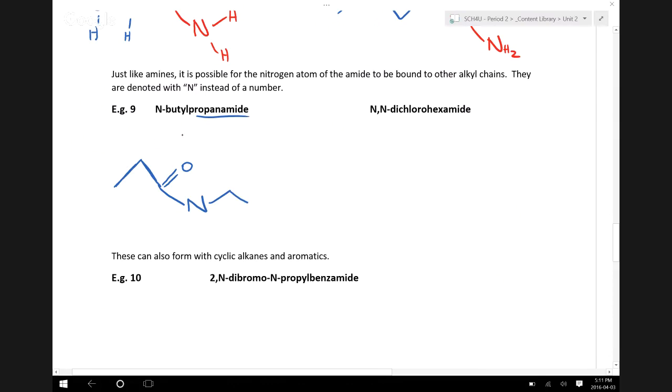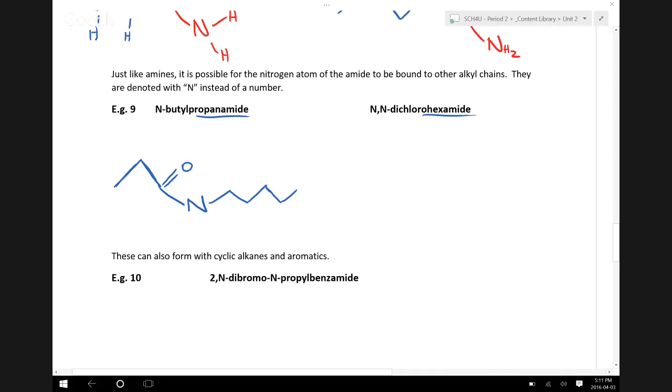So 1, 2, 3, 4, 5, just like that. All right, and that would be N-butyl propanamide, meaning that the butyl group is connected to the nitrogen, connected to the N, and the main amide is 3 carbons long, propane.